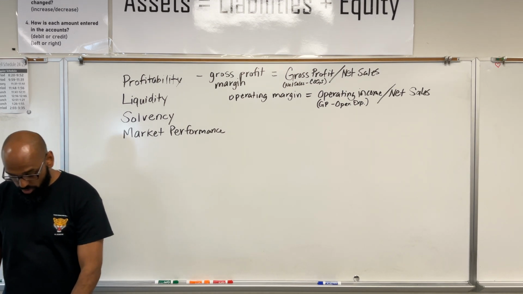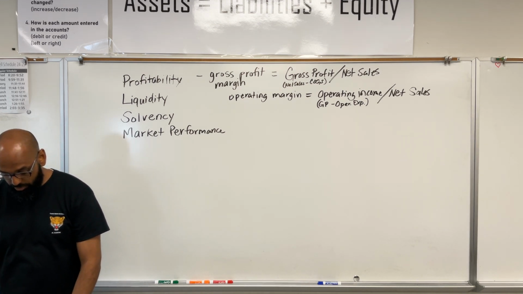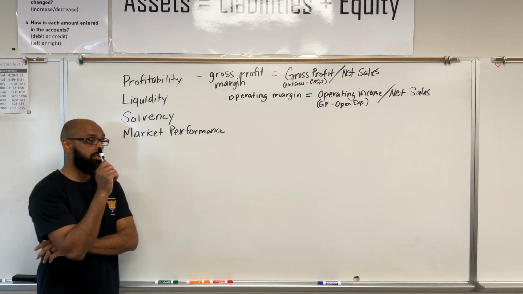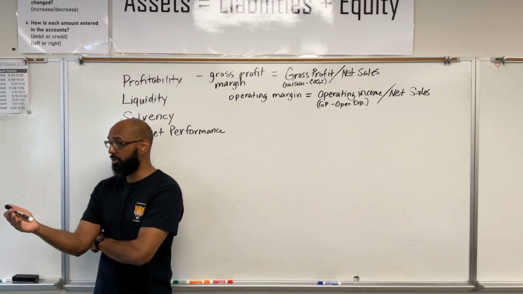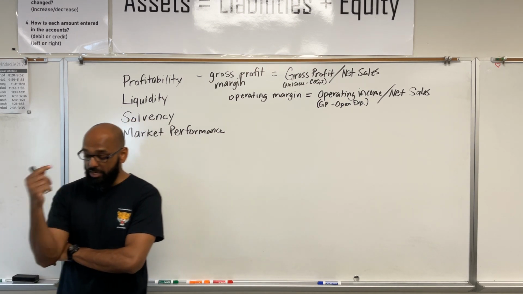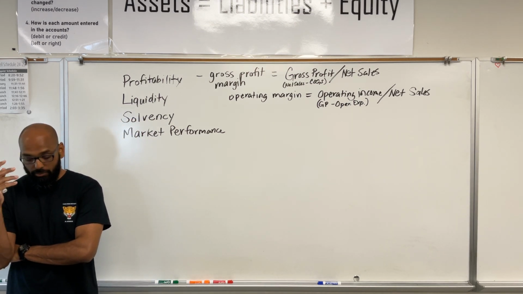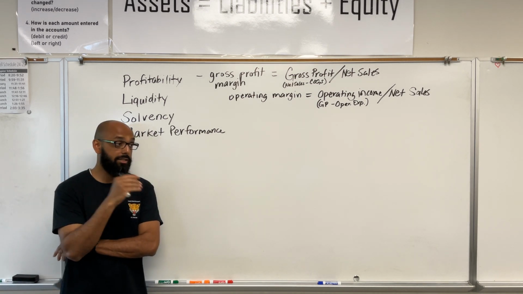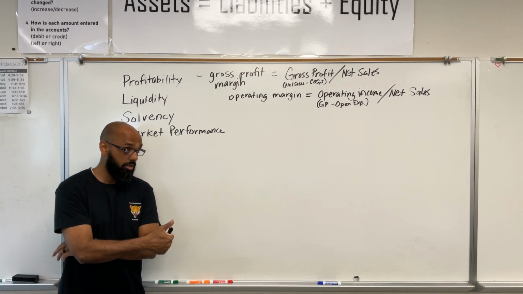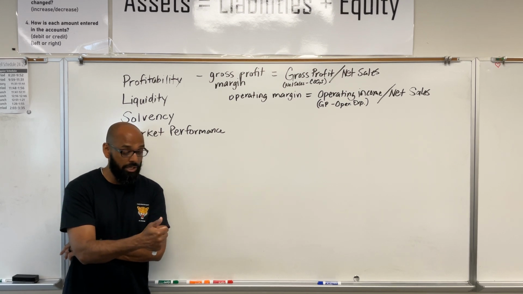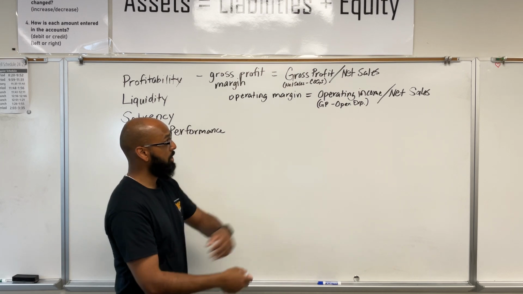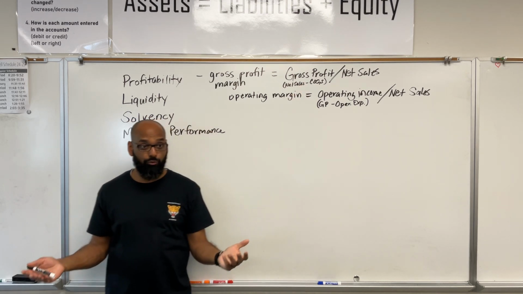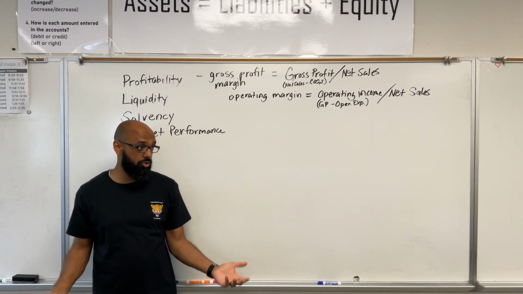All right, so when you're trying to figure out how you're doing, what you're going to do is compare yourself to some sort of benchmark, all right? And so benchmarking is comparing your ratios against industry standards. So maybe you look at your competitors and you get some sort of standard from your competitors, like your gross margin, maybe it's 40%, all right? What is the industry standard?